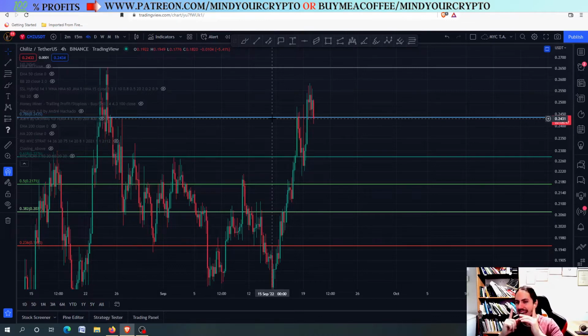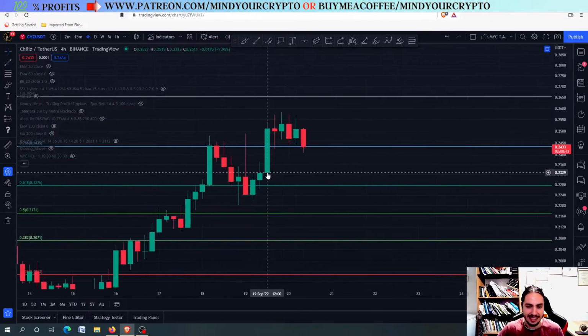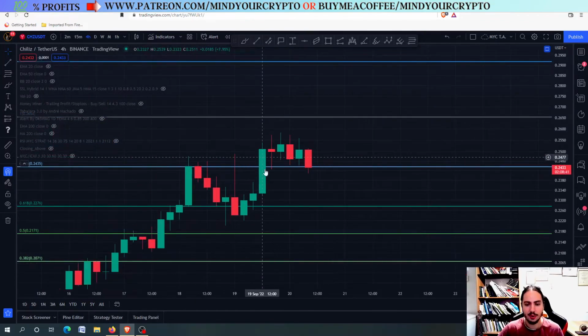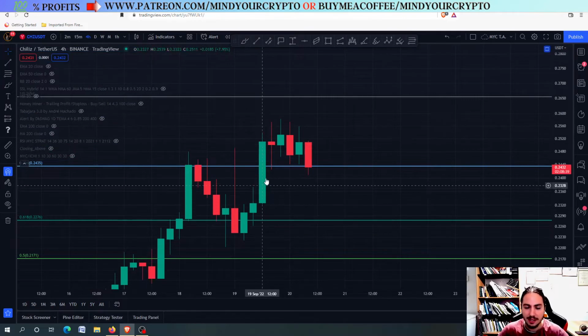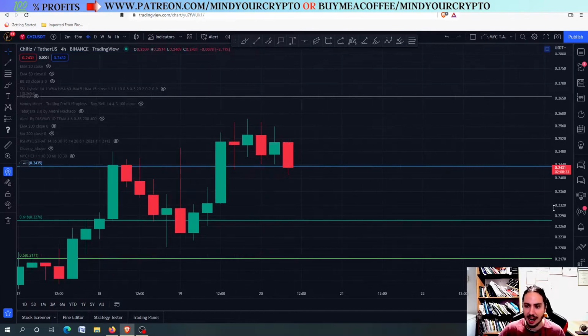We need to know another thing: each candlestick right here, green or red, has the open, the high, the low, and the close. The closing price in the candlestick is the upper body.